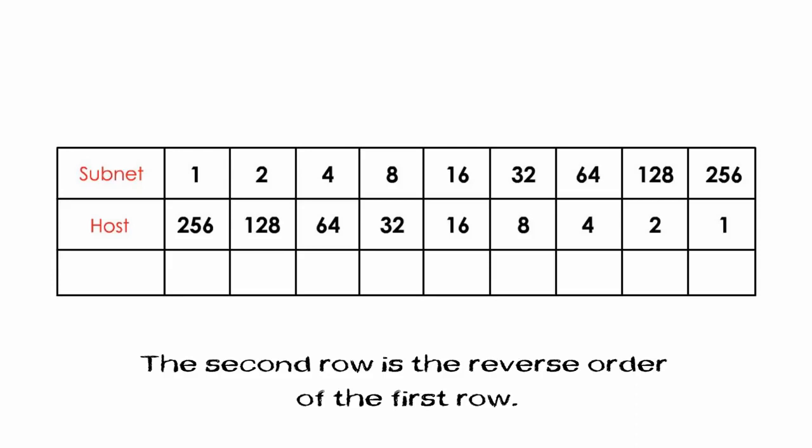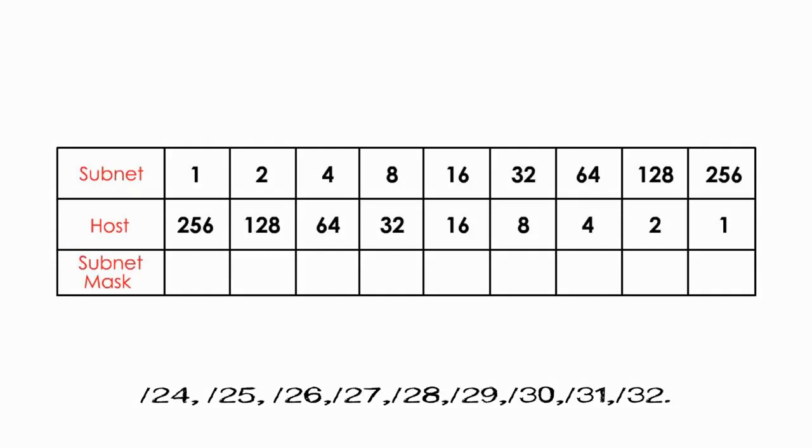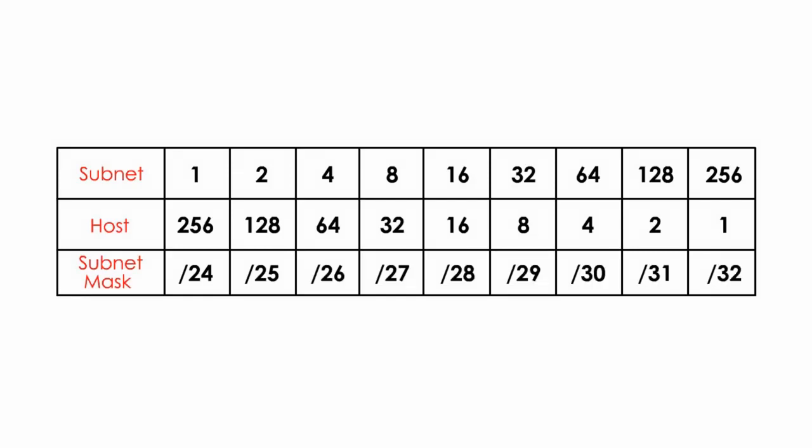You see, everyone can handle this, right? The third row is a subnet mask. We use shorthand format, starting with 24, 25, 26, 27, 28, 29, 30, 31, 32. Well, we are done.